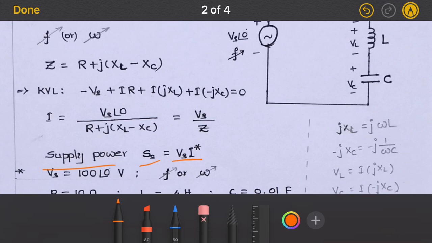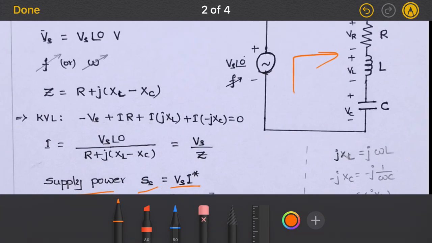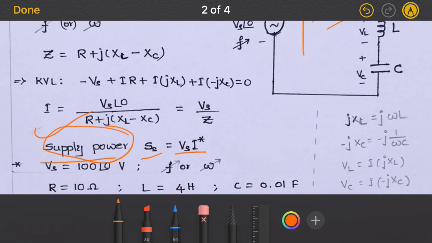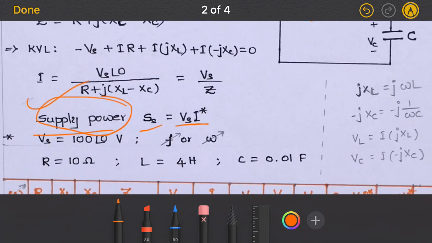Here current I is leaving the supply, so we are calculating supply power. So the current should leave the positive polarity of the voltage. If you are calculating absorbing power, in that case the current should enter the positive polarity of the voltage. So SS equal to Vs I conjugate is the power supplied by the voltage source.